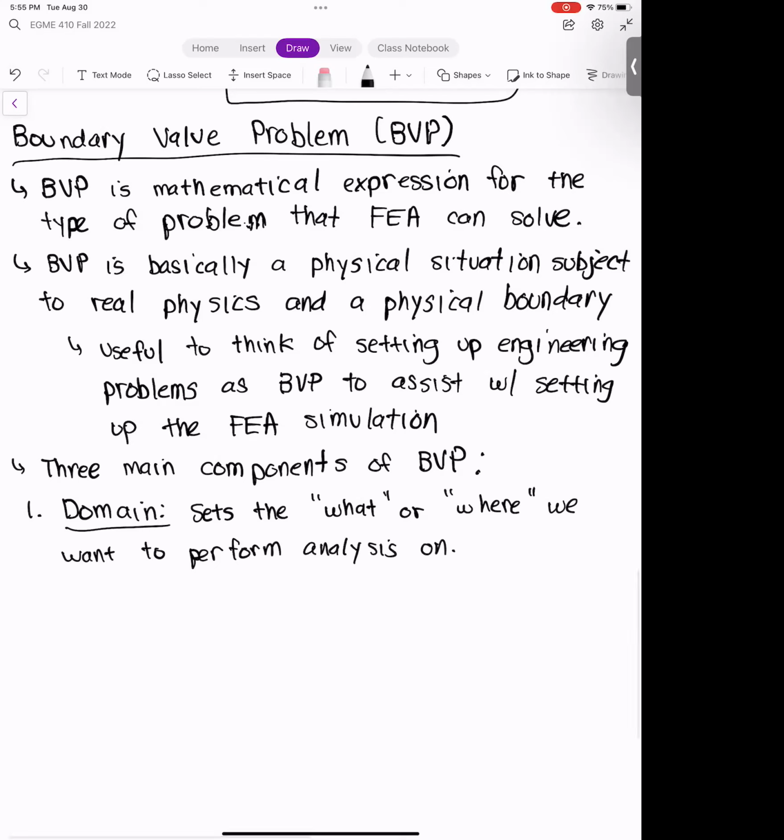Some people call it the subject of your simulation. If you think back to our activity last Thursday, our domain was our plate with the hole. So the domain is just another word for the geometry of our simulation.